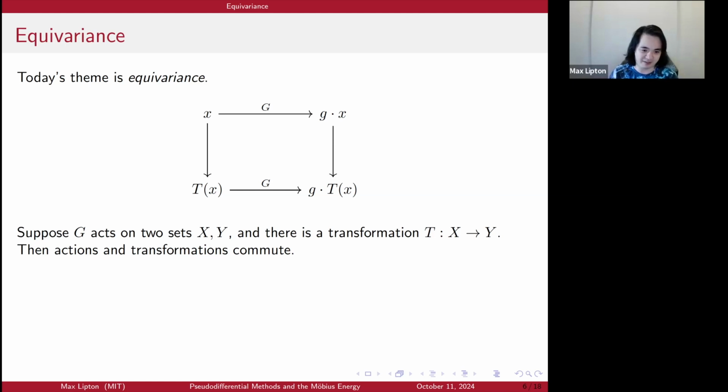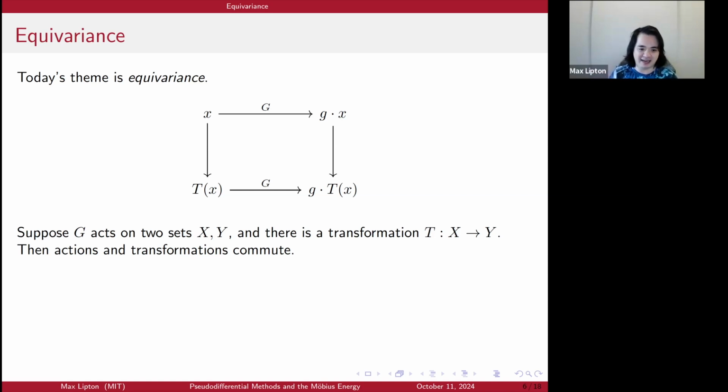But suppose we have that G acts on two sets X and Y, and suppose between X and Y we have a transformation of some sort, hopefully some form of isomorphism or bijection or whatever.